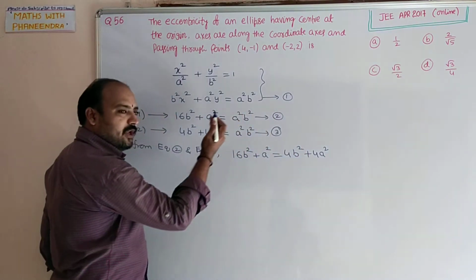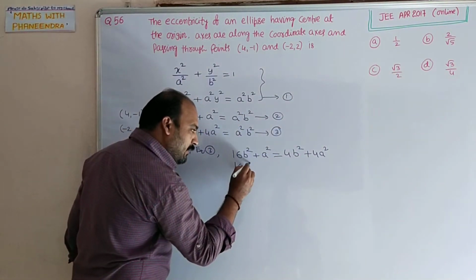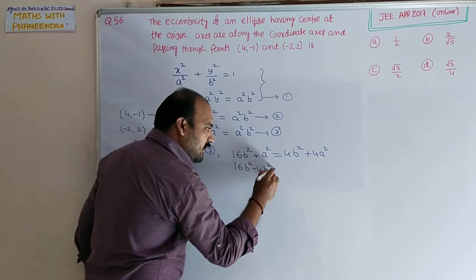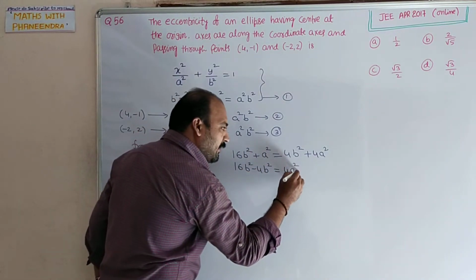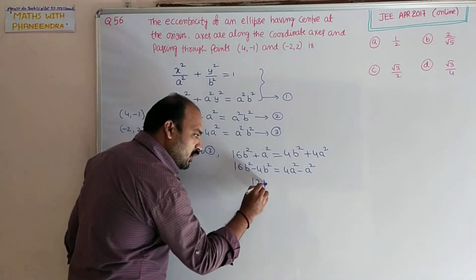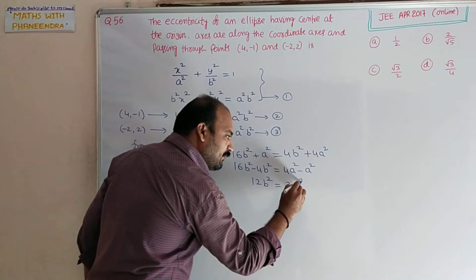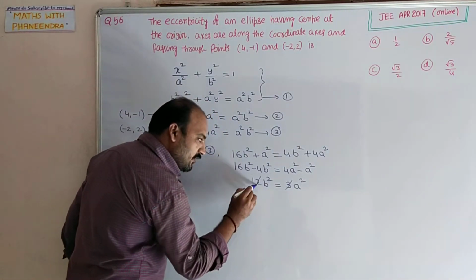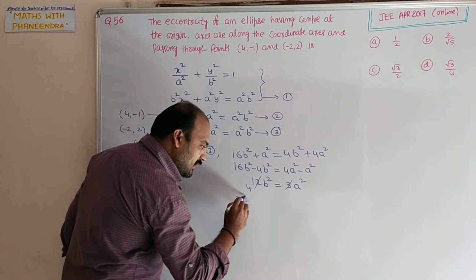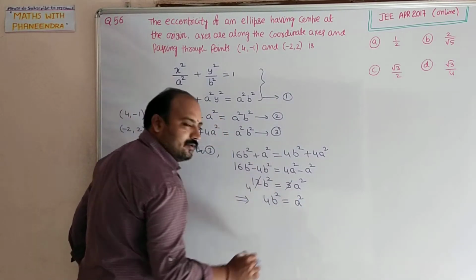Taking 4b square to the LHS and a square to the RHS, 16b square minus 4b square is equal to 4a square minus a square. So 12b square is equal to 3a square, that implies 4b square is equal to a square.